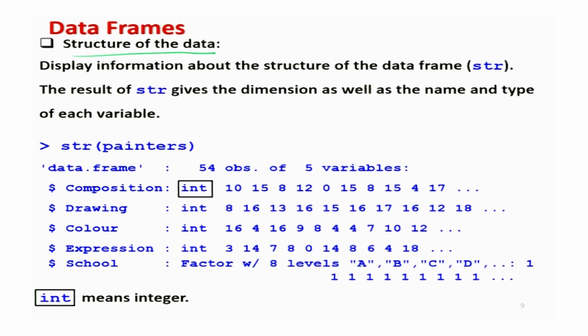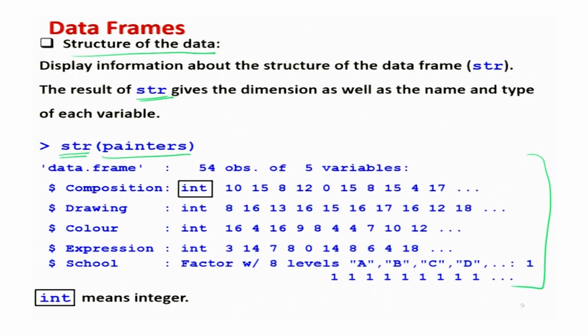For example, if you want to know what type of variables are there, how many observations are there, etc., in a given data frame. The command here is str. Str is the short form of structure. So, inside the parenthesis you write painters, and you will get this type of outcome.